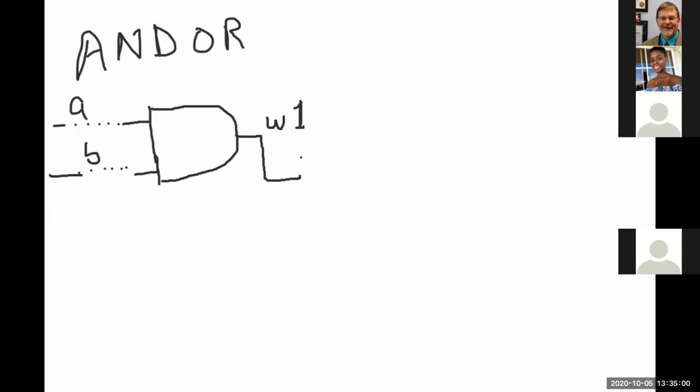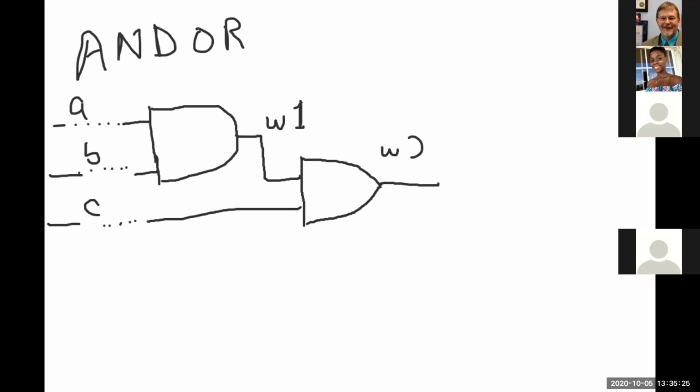And that's the first input of my or. I'll draw the or, so there's a point. I'll put W2. I'll call this out.